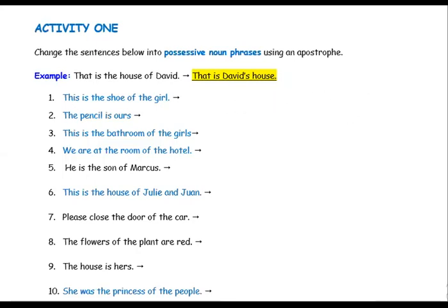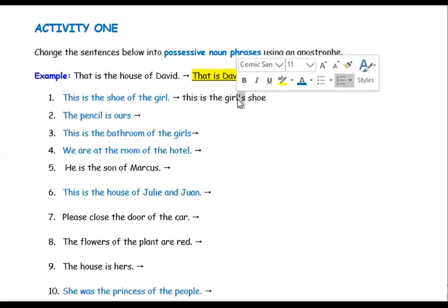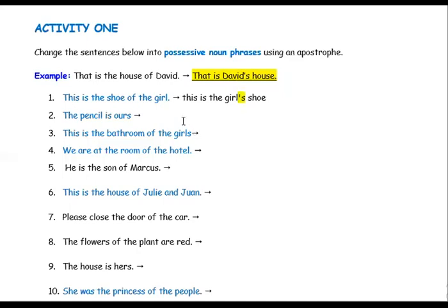Well done, Brooklyn. This is the girl's shoe. Brooklyn's correct in this regard because there's only one person. So it's singular, and because it's a singular noun, the apostrophe and S comes after the word. The pencil is ours. Now, ours is a possessive pronoun.